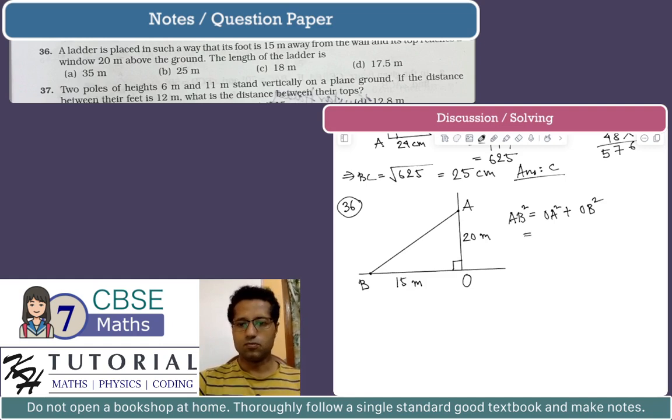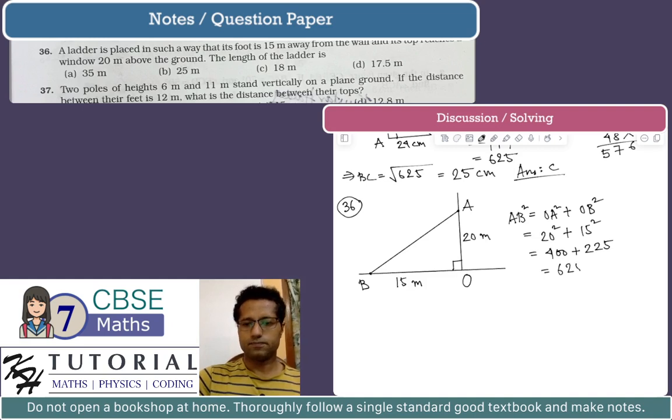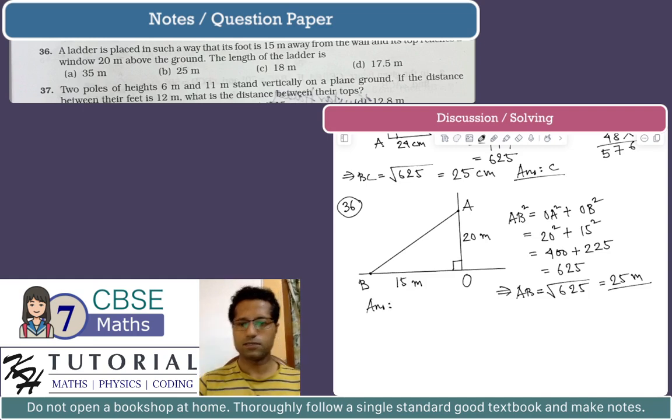So this is equal to 20 square plus 15 square. This is equal to 400 plus 225, which is equal to 625. This implies AB is equal to square root of 625, which is equal to 25 meter. So the length of the ladder is 25 meter. So the correct choice is B.